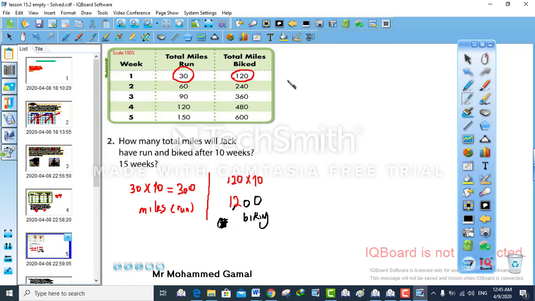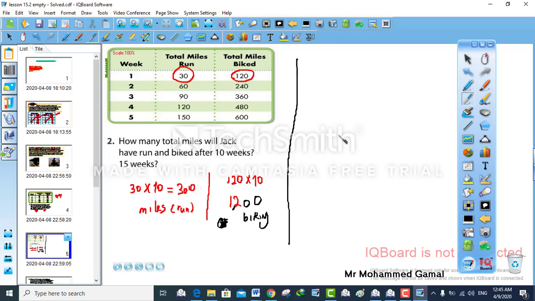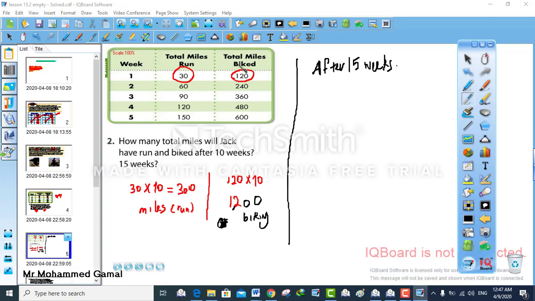Now after 15 weeks, I will just multiply 30 times the number of weeks, 15.